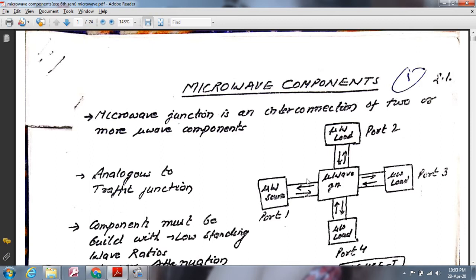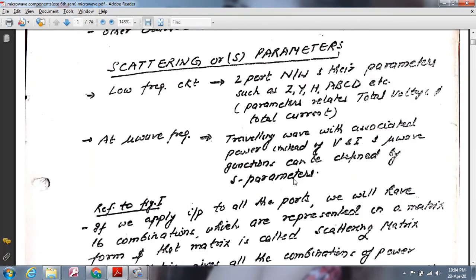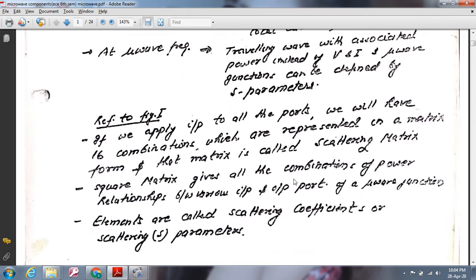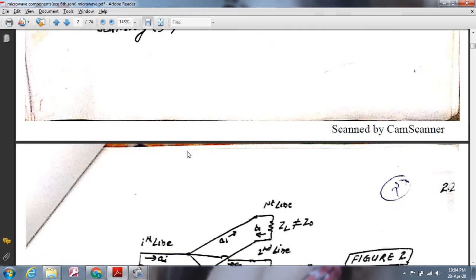If it is a 3 junction, then if there are 3 ports, possible combination will be 3 by 3 means 9, but always it remains a square matrix. For 4 port it is 4 by 4 matrix, for 5 port it will be 5 by 5 matrix, and for 6 ports it will be a 6 by 6 matrix. And the elements are called scattering coefficients or scattering parameters, or simply we say S parameters.